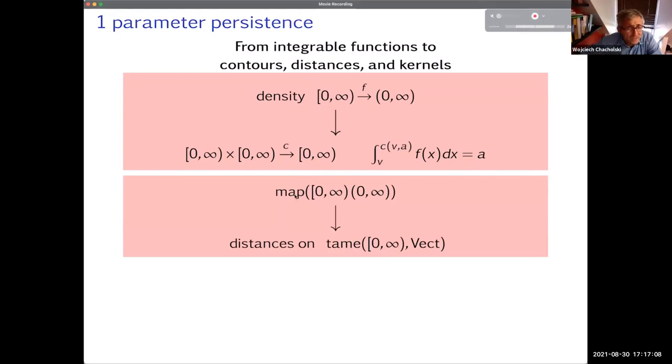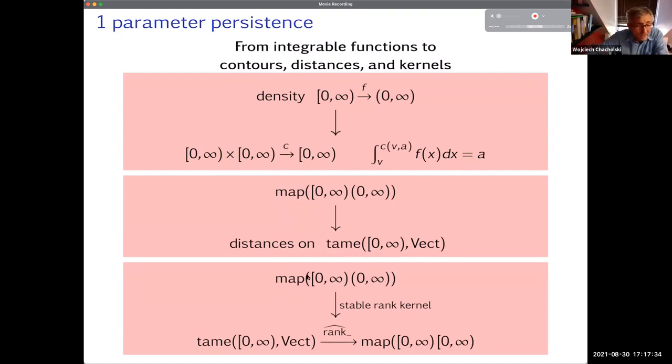So what it tells you is that every such density gives you a contour, which is the same as simple noise systems, which gives me a distance. So I just gave you a rich space of distances on one-parameter parameterized vector spaces. Every such density leads to a distance. Or in other words, each such density leads to a kernel, a representation of these parameterized vector spaces into a Hilbert space.